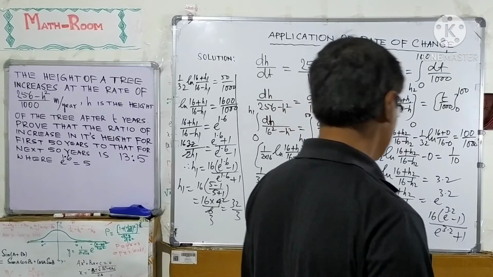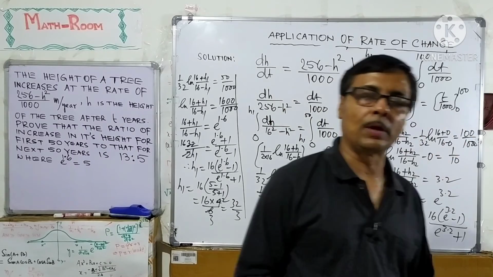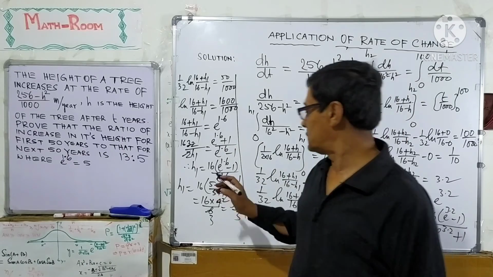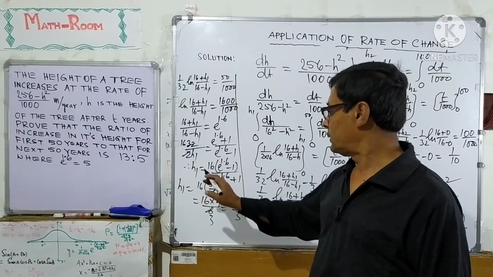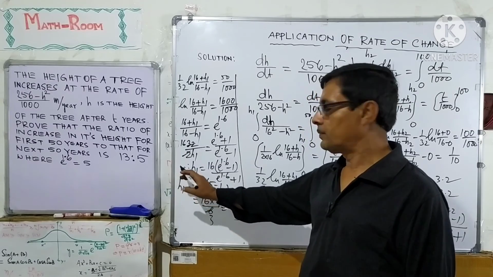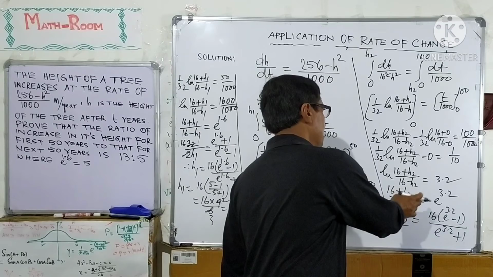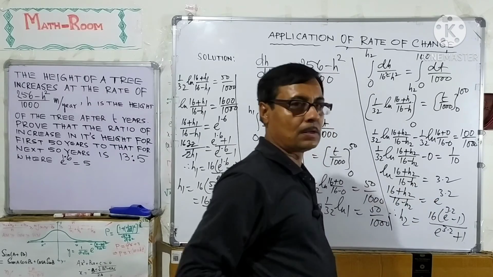This is the value of h2, the height of the tree after 100 years. This is the height of the tree after the first 50 years, and this is the height of the tree for the first 100 years.